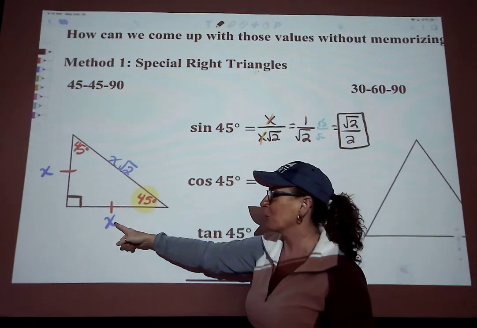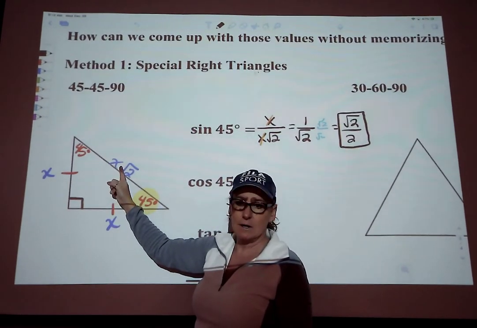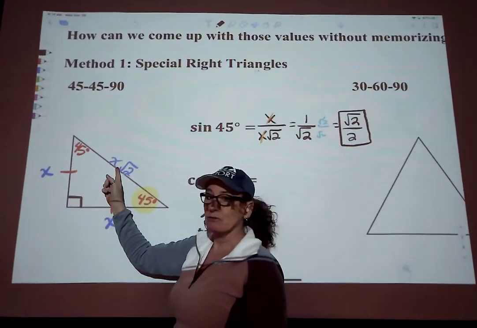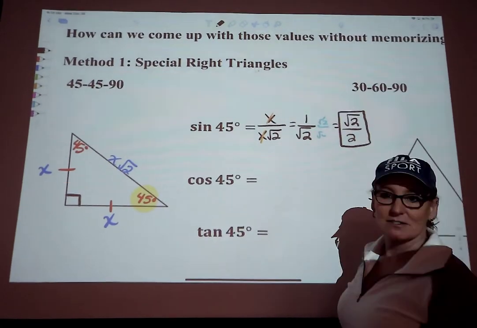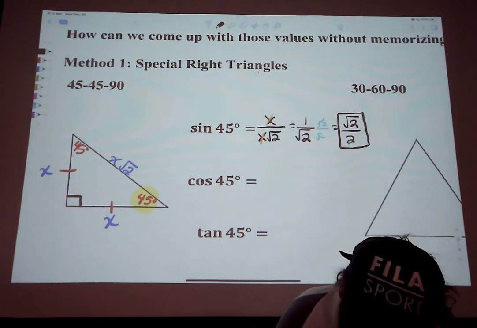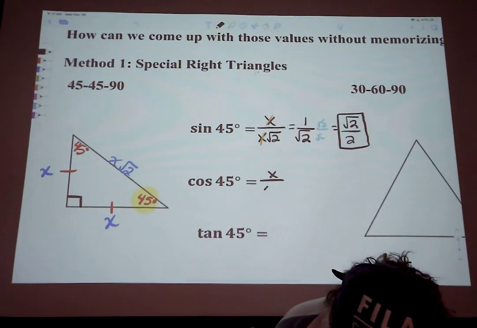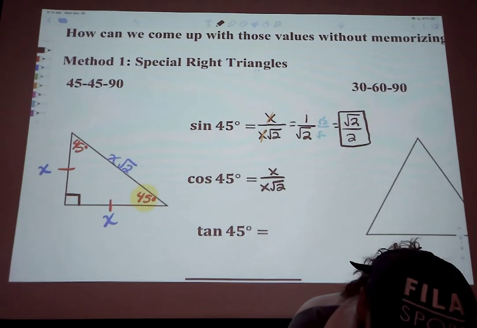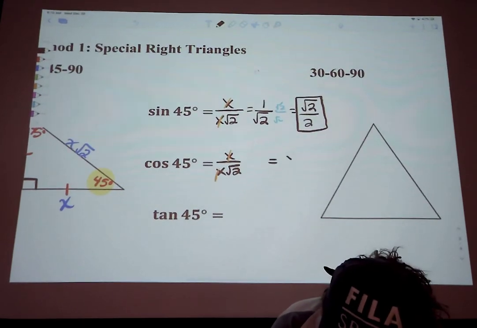It doesn't matter what. This could be 11, 11, 11 radical 2. This could be 8, 8, 8 radical 2. And your sine fraction will always be this. I kind of like how the x's cancel out. Cosine 45. Let's do adjacent over hypotenuse. Oh, look. I think we're going to get the same thing. We are going to get the same thing.